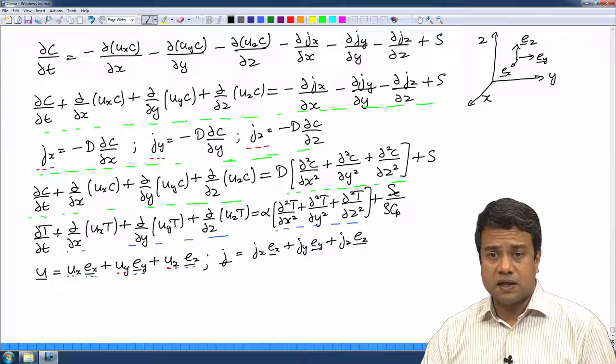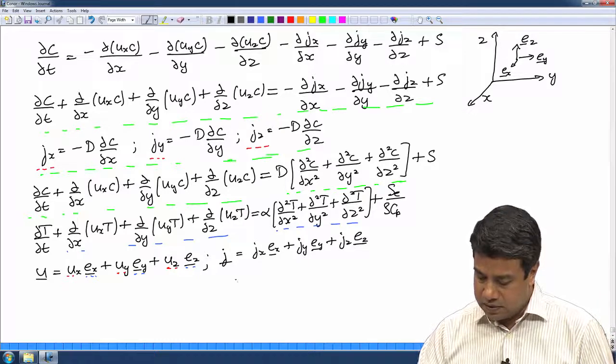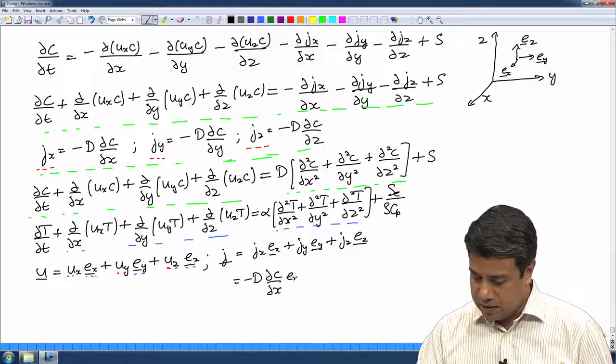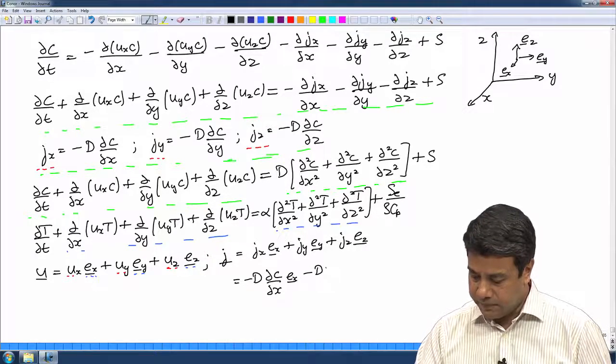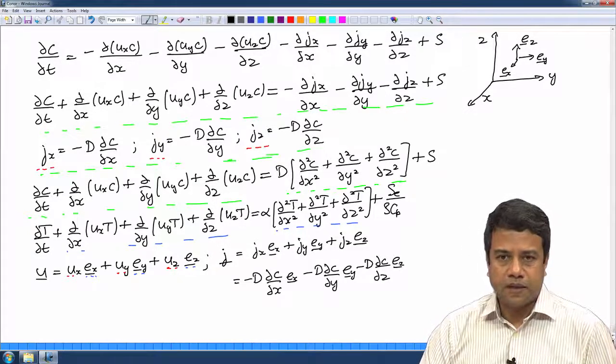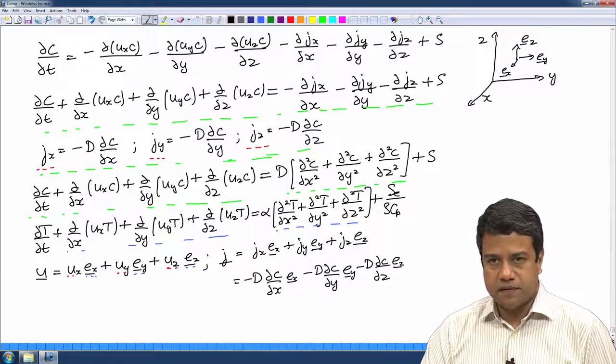And you know what jx, jy, and jz are. So, this is equal to minus d partial c by partial x Ex minus d partial c by partial y Ey minus d partial c by partial z Ez. So, that is the expression for the flux.